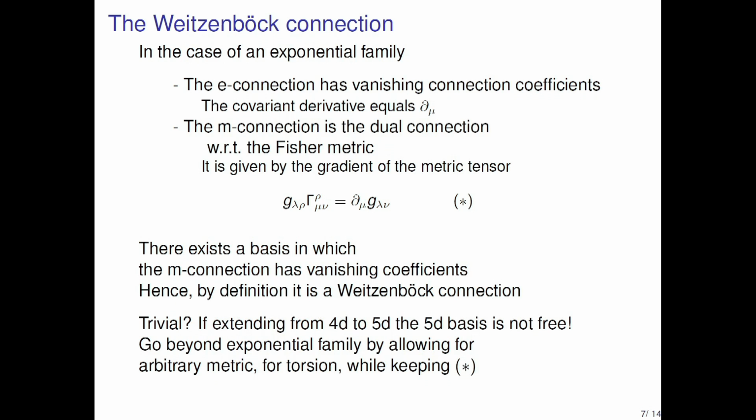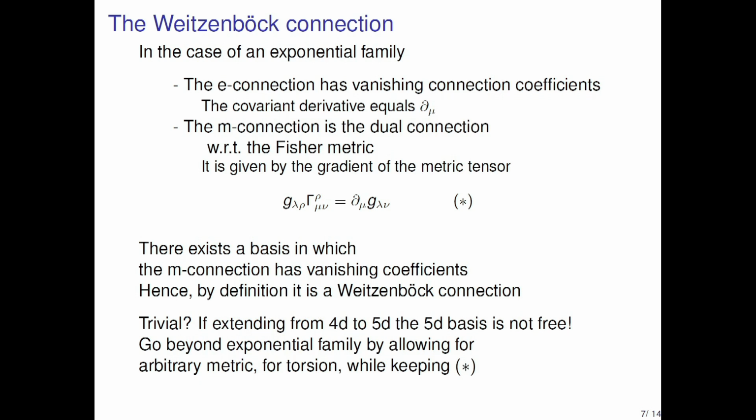So a Weitzenböck connection, you could say, is quite trivial, because if you know that there is a basis in which the connection coefficients vanish, why don't you take that basis and then you have a simple system? The point is, of course, that we start from 4 dimensions and want to extend to 5 dimensions. We already have a basis in 4 dimensions.